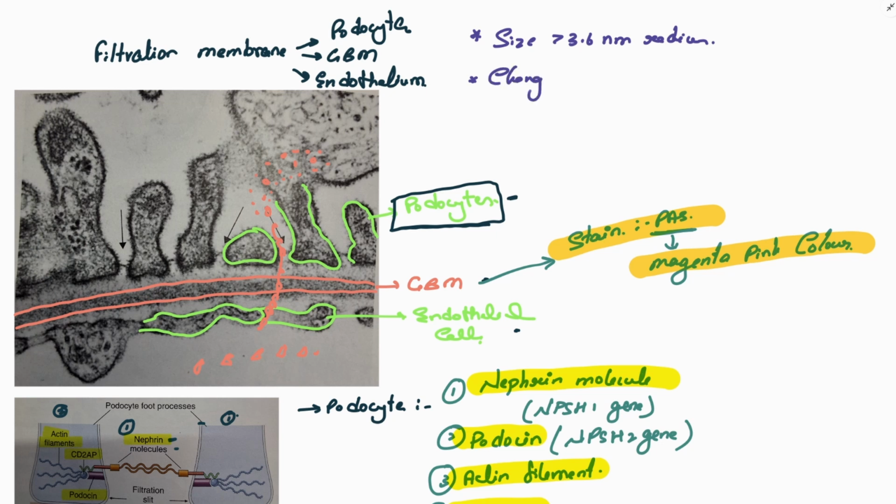Second one is charge. The charge is also very, very important because the filtration membrane is negatively charged. So negatively charged particles can't cross the filtration membrane. The proteins are also negatively charged. So proteins can't pass the filtration membrane. So this is all that you need to know.